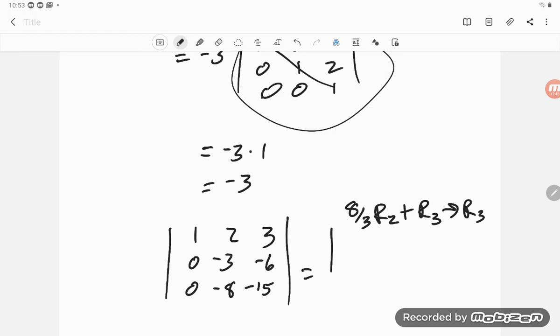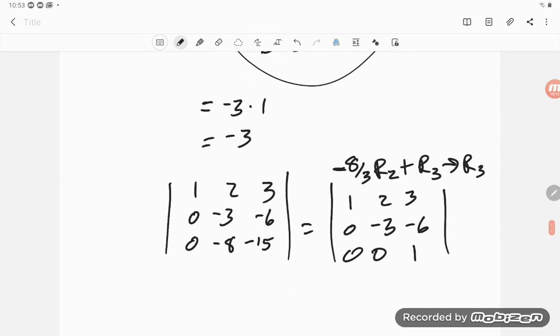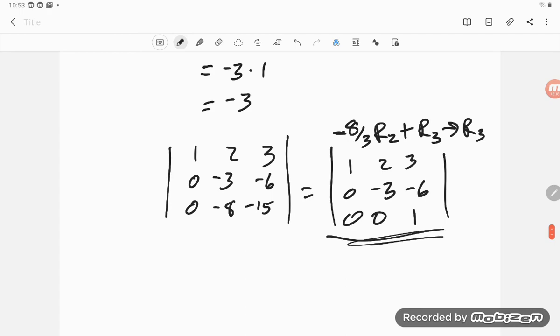And so that would mean the determinant is unchanged, and I get 1, 2, 3, 0, -3, -6, 0, 0, and then 8/3 times the -6. Oh wait, I need a -8/3, sorry. So -8/3 times -6 is still 16, and we get a 1 here. And this determinant, though, again, that's an upper triangular matrix, so I just know that determinant's -3. So I didn't have to get all the way down to 1s.